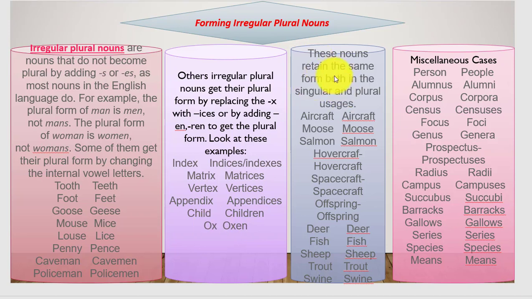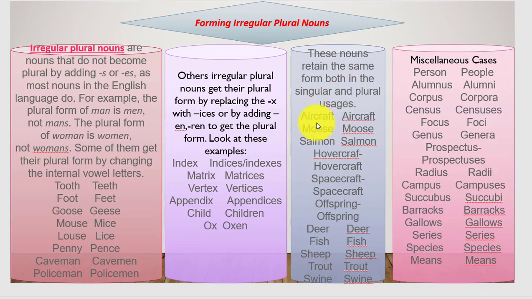So the next category of nouns, let us go through the rule. These nouns retain the same form both in the singular and plural usages. If you use them in the singular or you use them in the plural, they retain the same form.